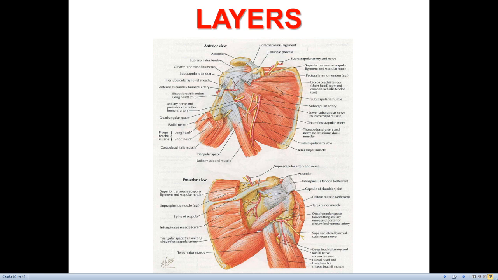Layers: skin contains hair, sweat and sebaceous glands.